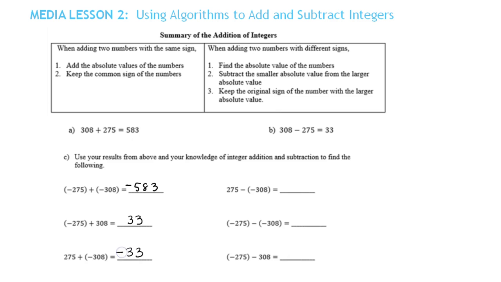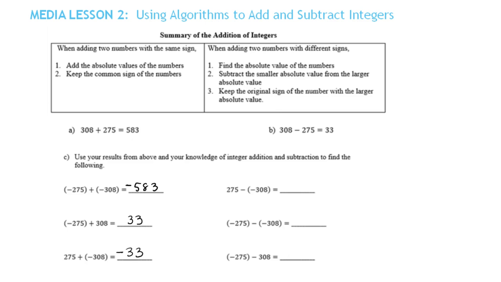So our result is negative. Okay, so to sum up, the signs are the same, add the numbers, keep the sign. The signs are different, subtract the numbers, keep the sign of the number with a larger absolute value, here positive, here negative.